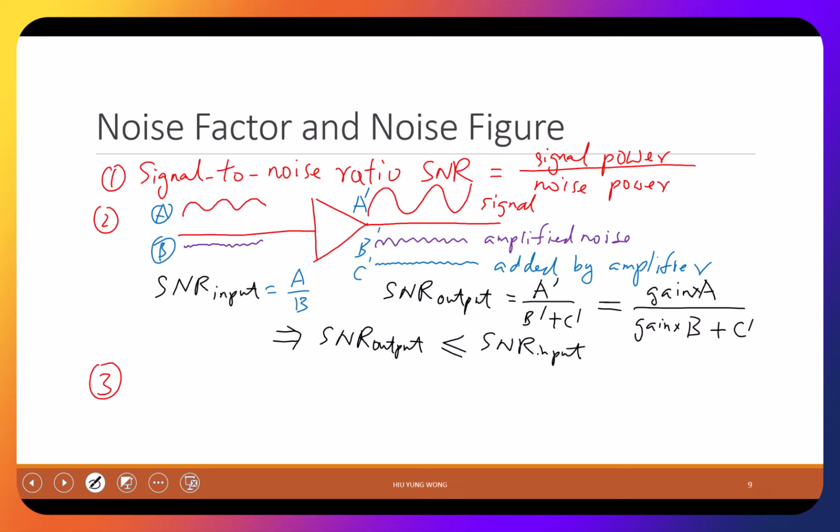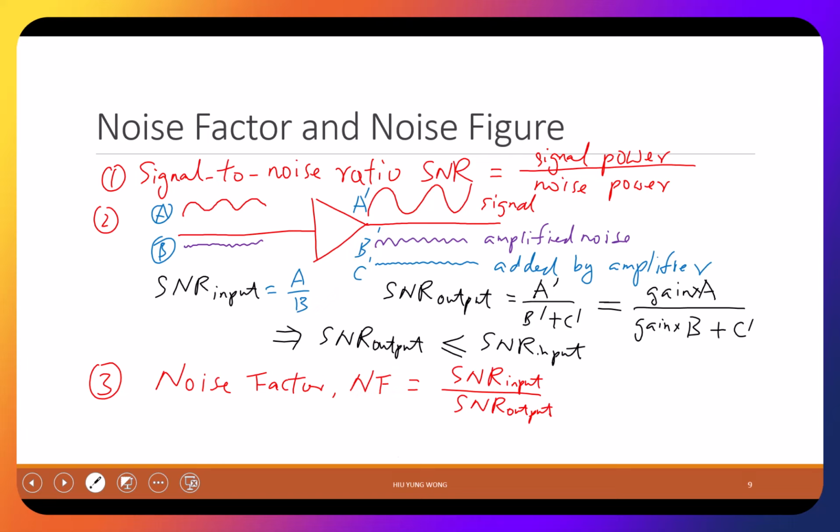And because of this, we introduce something called noise factor. Let me call it NF here. It is equal to the signal to noise ratio of the input divided by the signal to noise ratio of the output. Basically, this is circuit specific.